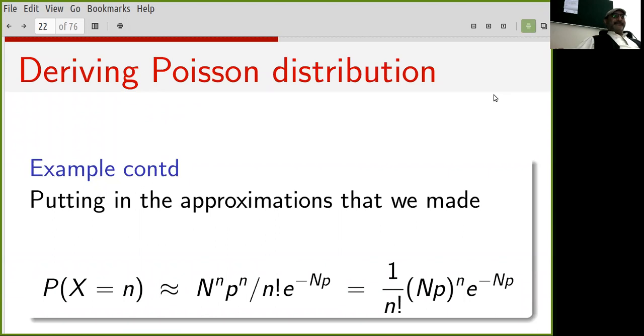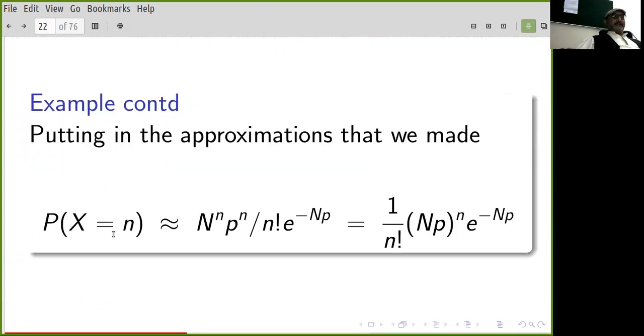And what you will get is that the probability that x is equal to n is approximately equal to 1 over small n factorial, np to the n, e to the minus np. So here's this np that I was talking about. That was the expectation for the binomial random variable. And typically we will write that, in this course, as lambda, right?